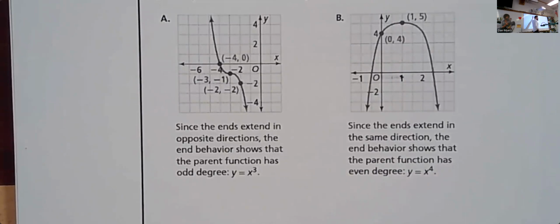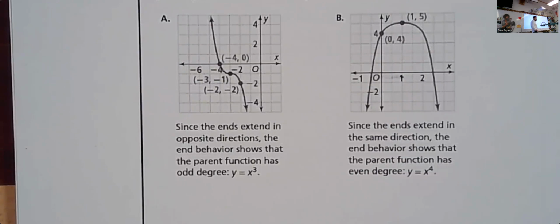So let's think about this for a second. At the beginning of this chapter, we said if it's up on the left and down on the right, what does that tell us about the lead coefficient? We know it's an x cubed. We know it's an odd degree, not an odd function, but an odd degree. Lead coefficient is negative, yeah.